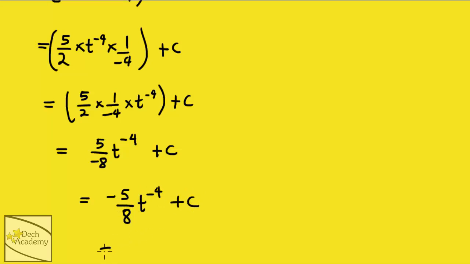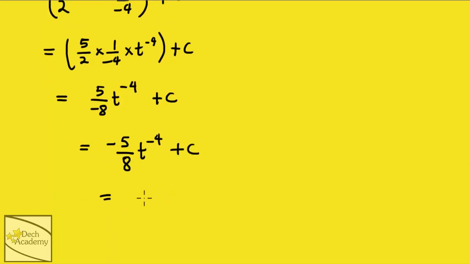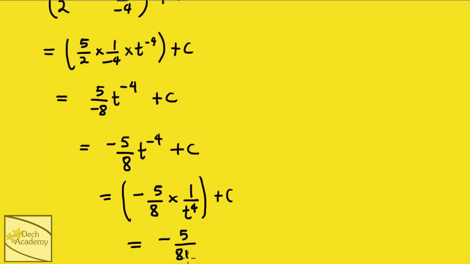And you can also go a step further: minus 5 over 8 times, instead of t to the minus 4, that's 1 over t to the 4, plus the arbitrary constant, which is then equal to minus 5 over 8 t to the 4 plus the arbitrary constant.